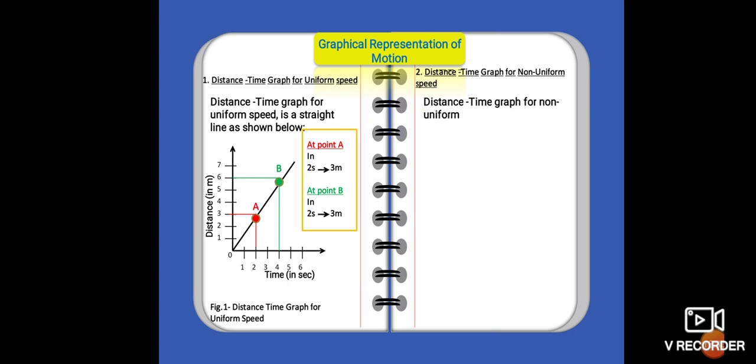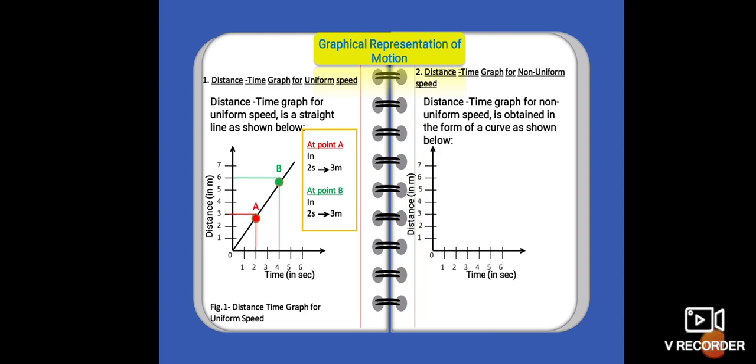What about distance time graph for non-uniform speed, which gives us a curve? Now look at the example. Again we take coordinates of x-axis and y-axis, that is horizontal axis and vertical axis, where we take time on the horizontal axis and distance on the vertical axis, and we get a curve in the case of distance time graph for non-uniform speed.